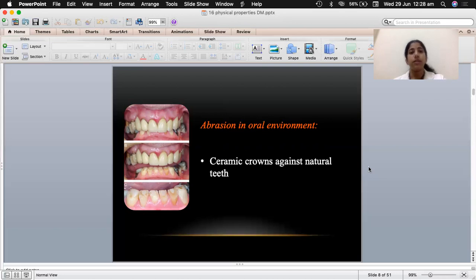In this picture we can see on the maxillary arch there are ceramic crowns opposing the mandibular lower anteriors, and there is abrasion of the lower anterior teeth. So whenever we are giving a ceramic crown opposing a natural tooth, there will always be abrasion of the natural tooth.